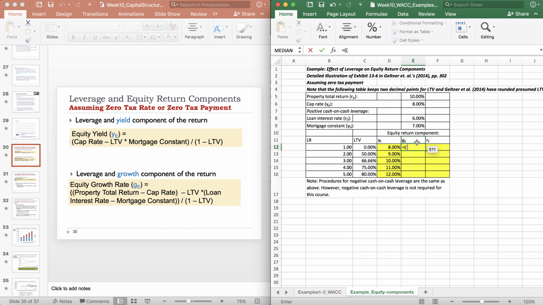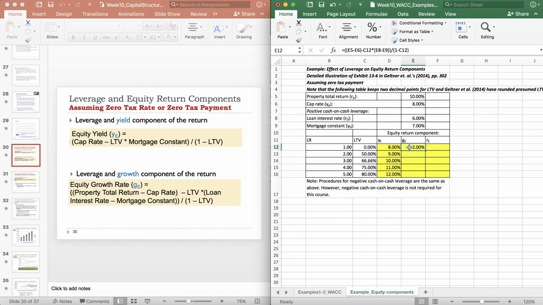Property total return, which we found to be 10%, minus cap rate 8%, then parenthesis 1 minus loan to value ratio, then times parenthesis loan interest rate minus mortgage constant, close the parenthesis. Then normalize it, divided by parenthesis 1 minus loan to value ratio.